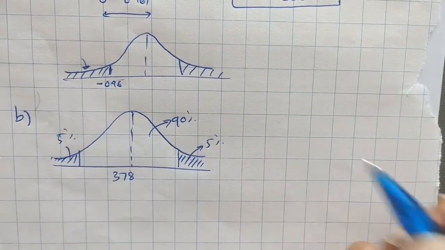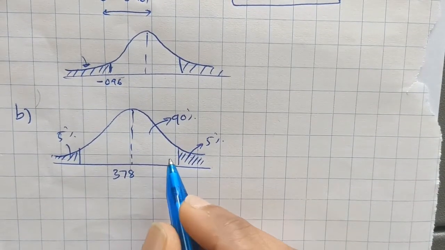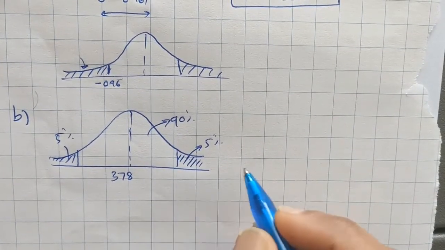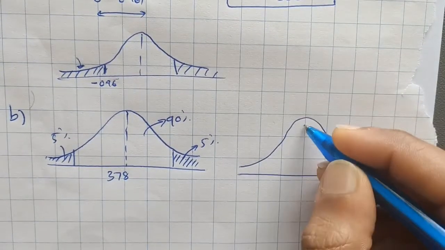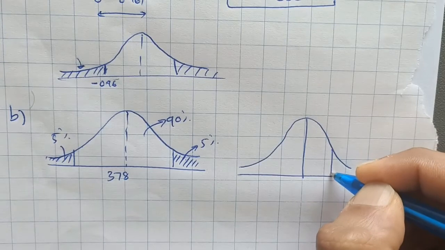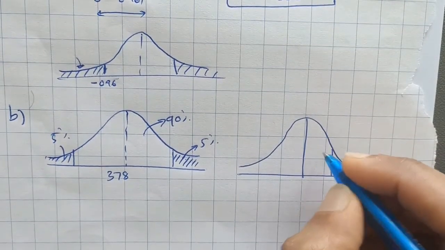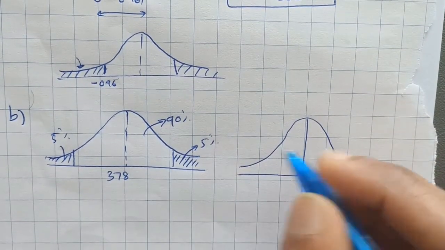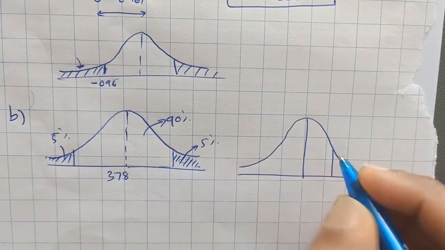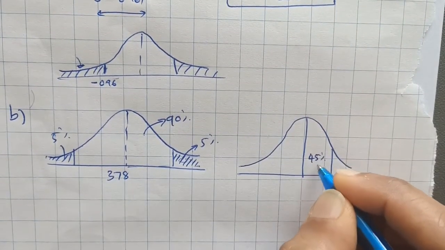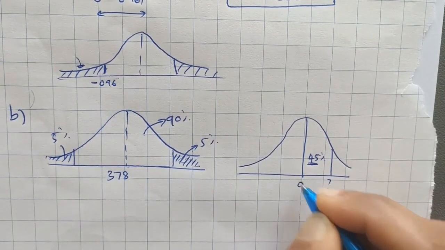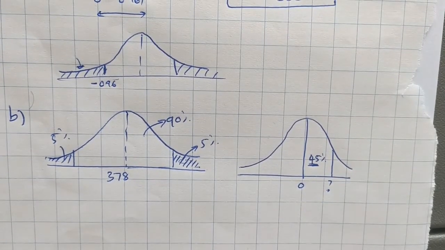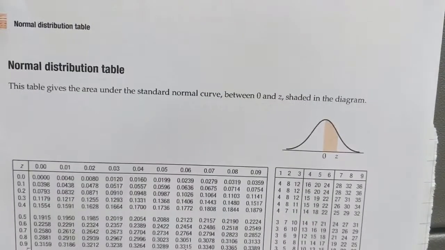So that means we want to calculate, if we use our normal table, if I just redraw it, just looking at the normal tables that we have at the back of our textbook. The normal tables over there, we basically saying that if this is 50% and that's 5%, we know that this is 45%. So what will this Z value be if this was a standardized normal distribution and that area was 45%?